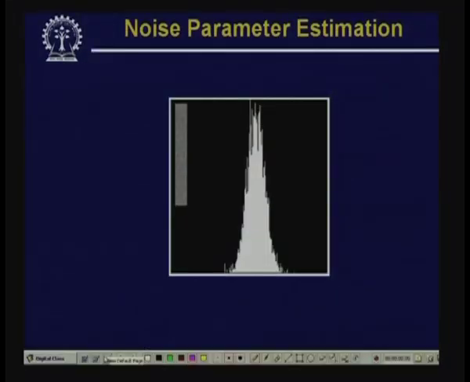So, we can obtain the noise estimate, or we can compute the noise term, that is eta square, in our expression which is used for this constant least square filtering.